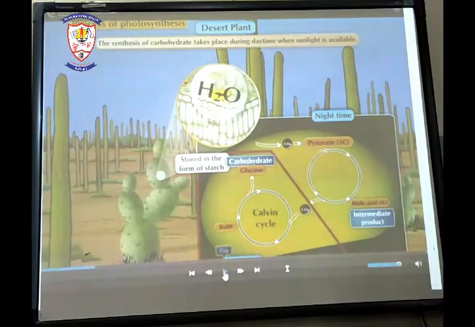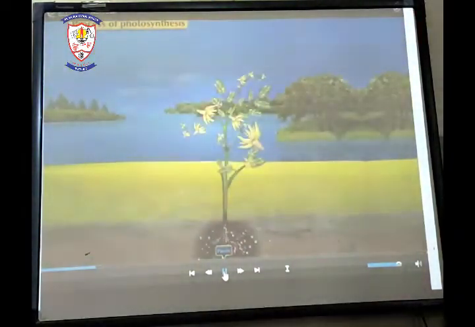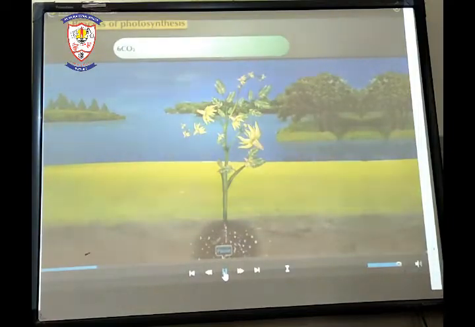Carbohydrates are stored in the form of starch. Thus, the entire photosynthesis process can be given by the equation, as we have seen earlier: 6CO2 plus 6H2O, in the presence of chlorophyll and sunlight, gives C6H12O6 plus 6O2.